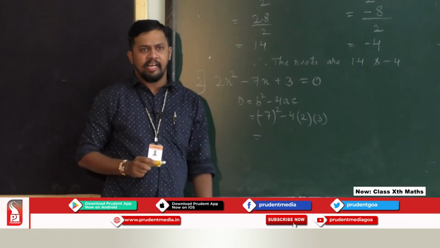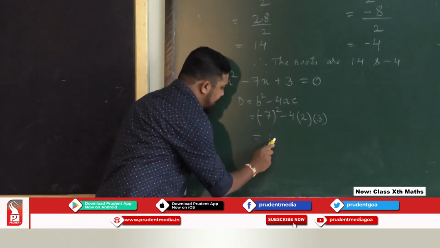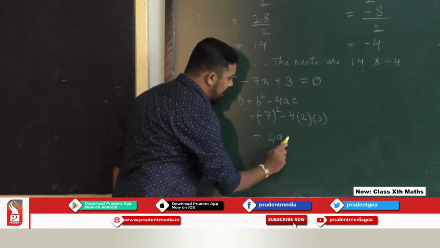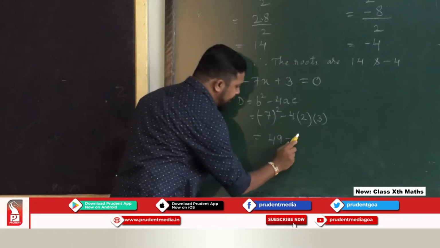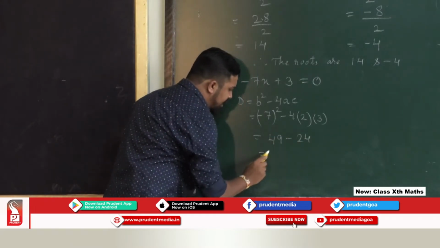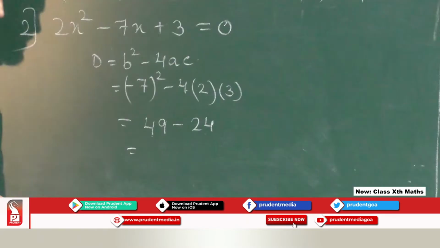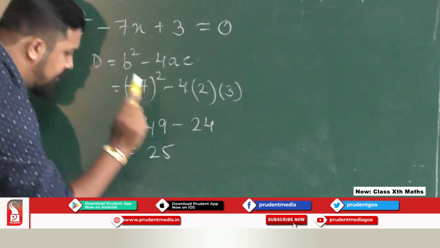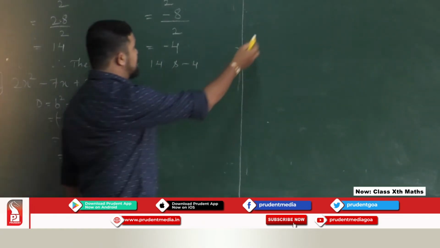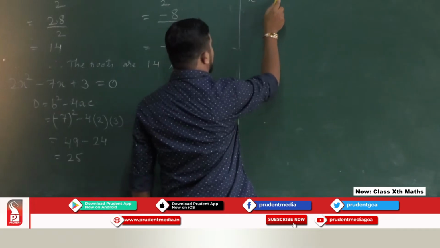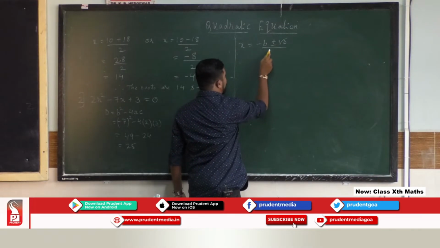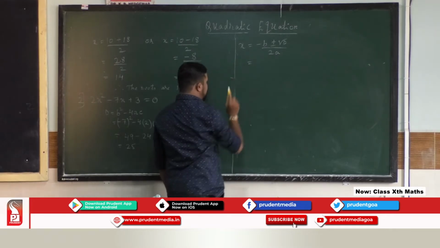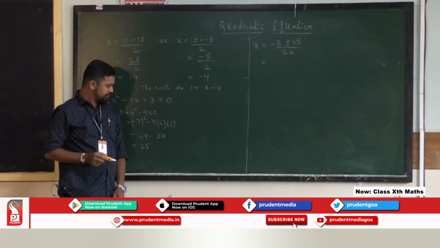7 square, that is negative 7 square, 49. Minus 4 2s are 8, 8 3s are 24. 49 minus 24, that is 25. Find the roots: x equals minus b plus or minus root d upon 2a. So let us substitute.